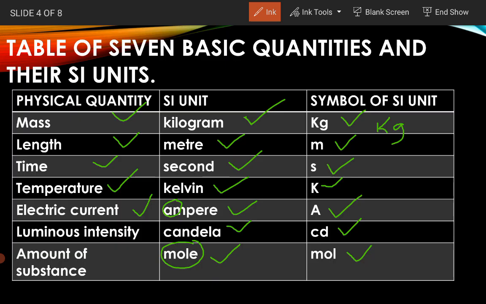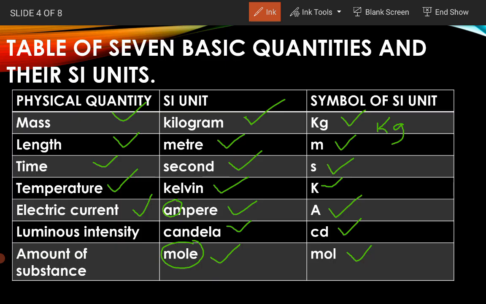There are no more than 7. At this AS level, you should be familiar with the first 5 very well. We are going to deal with these 5, and we'll make reference to these 5 physical quantities.